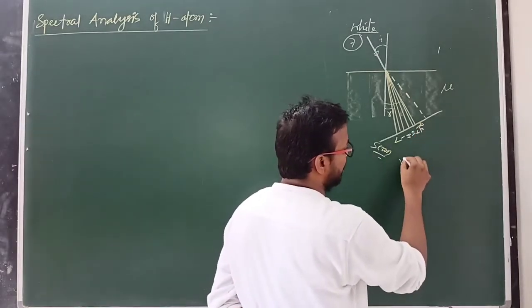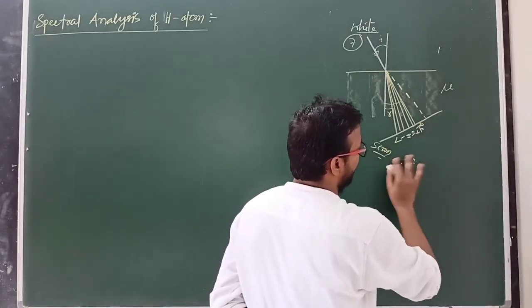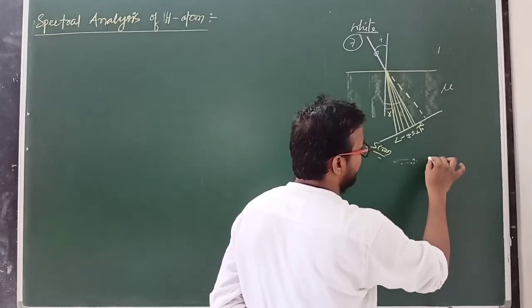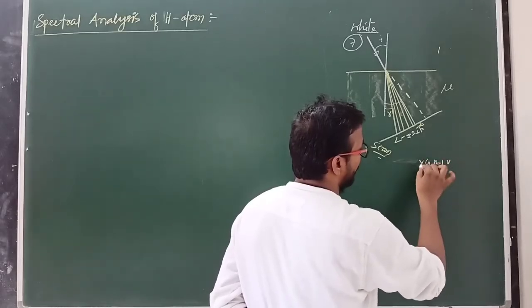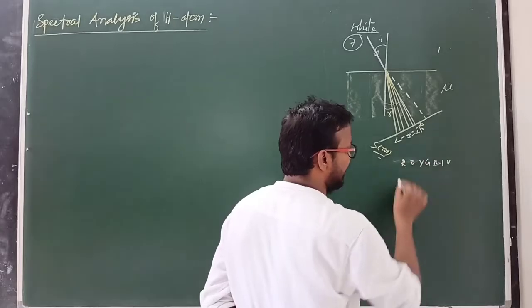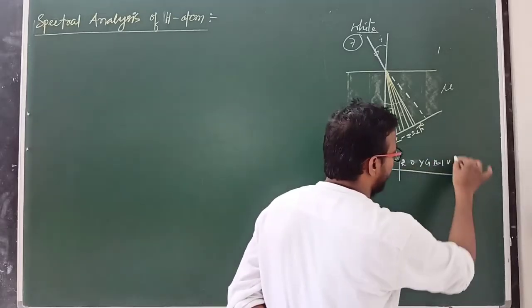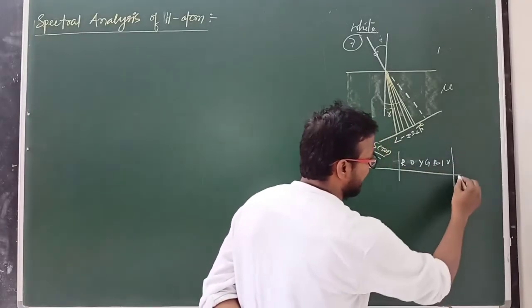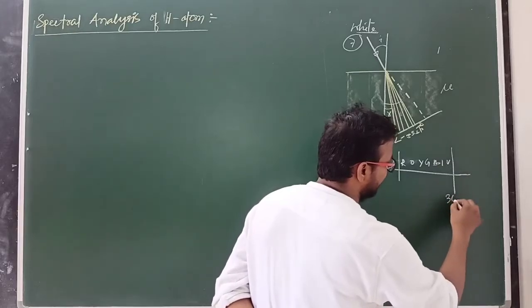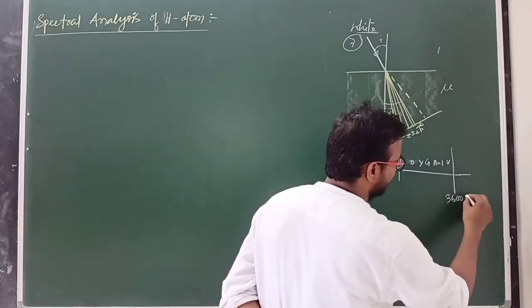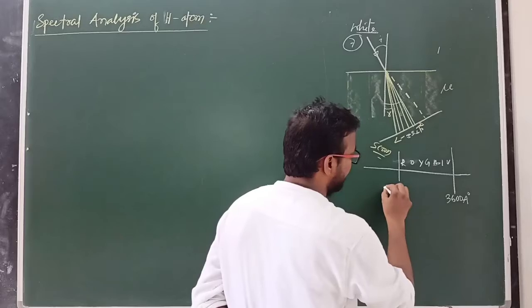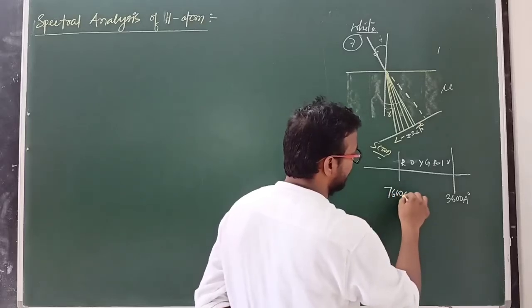So we get 7 colors, that is V I B G Y O R. Clear? This region is known as the visible region, and its wavelength varies from 3600 angstrom to 7600 angstrom.